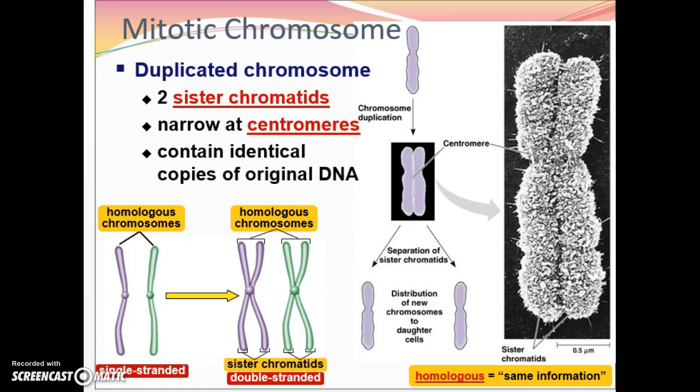Okay, so the sister chromatids eventually are going to separate and move into two new nuclei at the opposite ends of the parent cell so that each daughter cell is going to have an exact copy of the DNA. So when we're looking at this structure right here, we're looking at two sister chromatids that are representing one chromosome. So together they make up a chromosome.